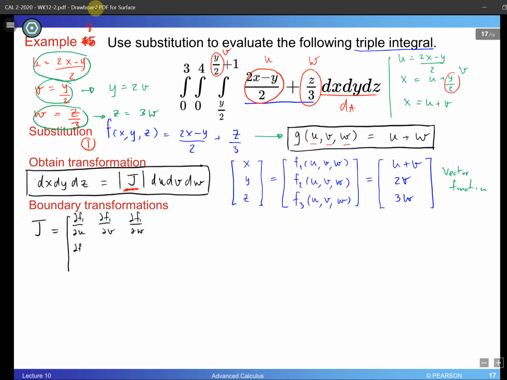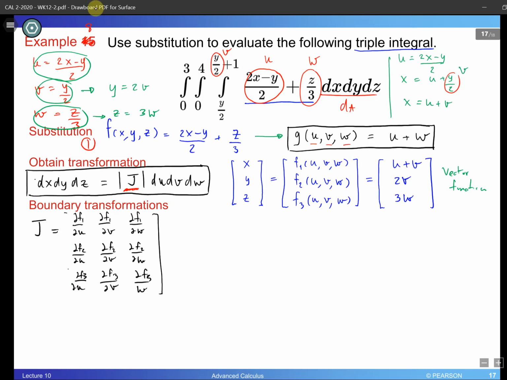Partial F2 with respect to u, F2 with respect to v, F2 with respect to w. And the last row, F3 with respect to u, F3 with respect to v, and F3 with respect to w. Okay, this is long. Let me fix this one and make it a little bit nicer to look at.